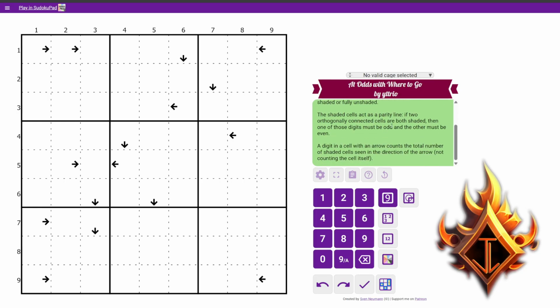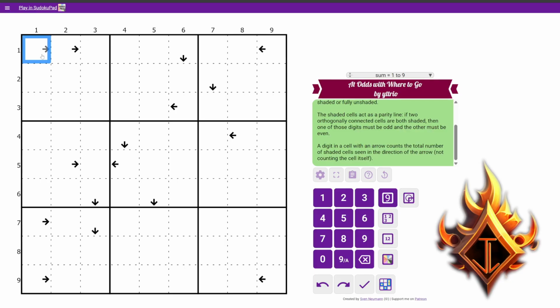These shaded cells act as a parity line. If two orthogonally connected cells are both shaded, then one of those digits must be odd and the other must be even. A digit in a cell with an arrow counts the total number of shaded cells seen in the direction of the arrow, not counting the cell itself.